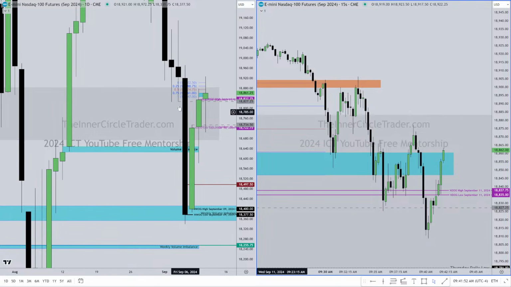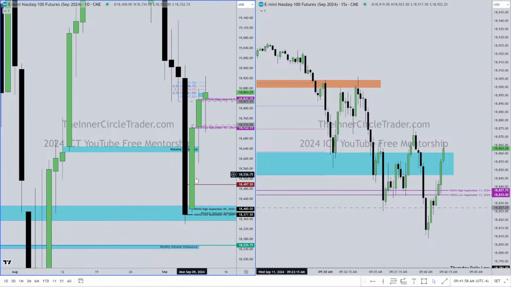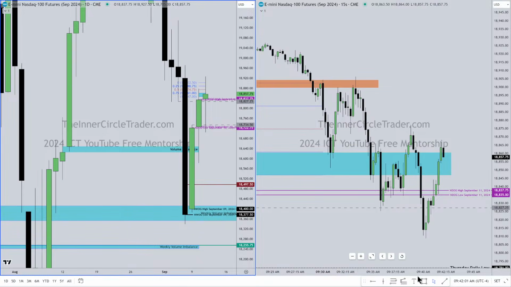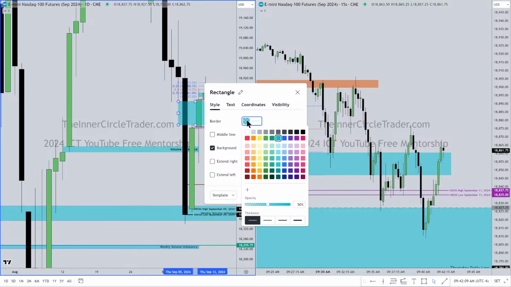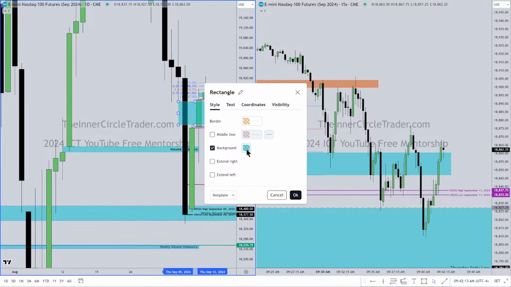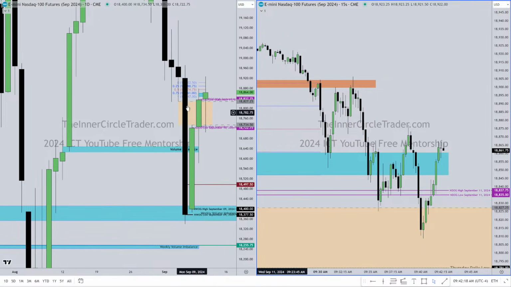So this, let me take this off. See, this inefficiency there to here. I'll make it color like this. This gap here trades down to that and end dog for today.